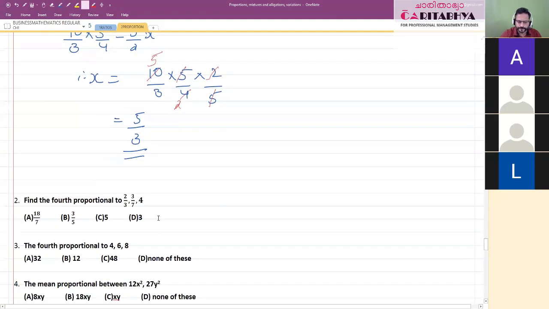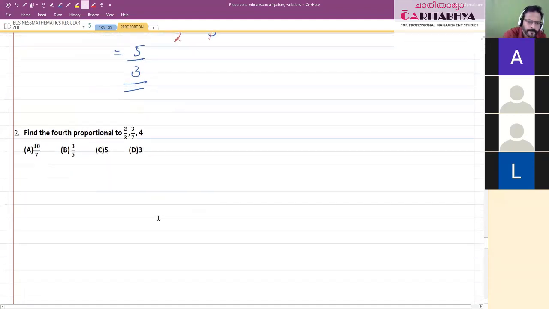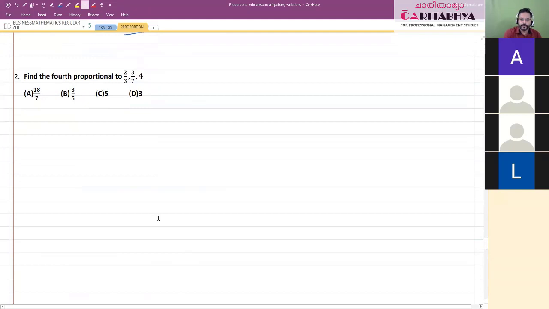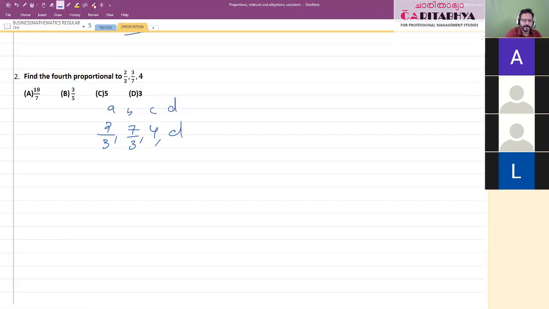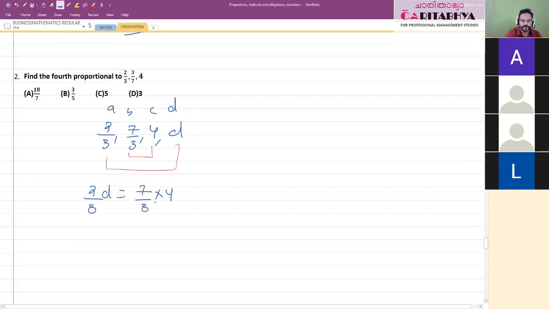Then next one. Find the fourth proportional to 2 by 3, 7 by 3, 4. Now if it is A, B, C, D, we have to find D. This is A, this is B, this is C, this is D. So product of extremes AD equal to BC. 2 by 3 D is equal to 7 by 3 into 4.